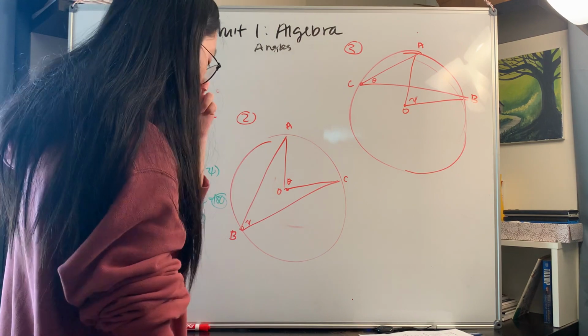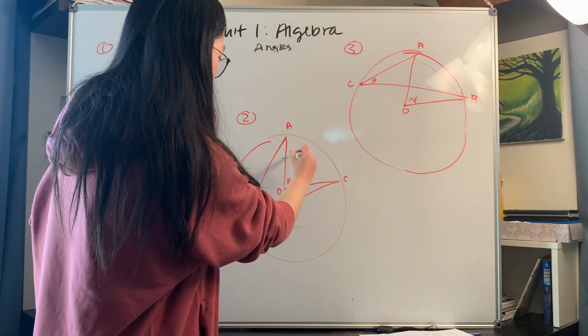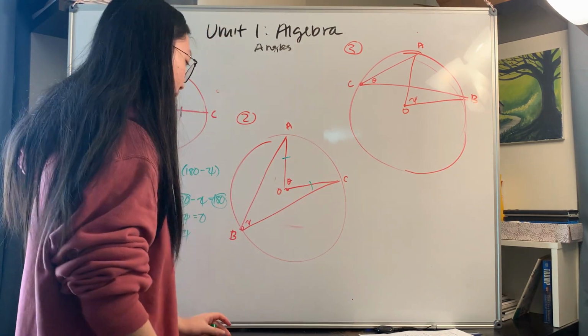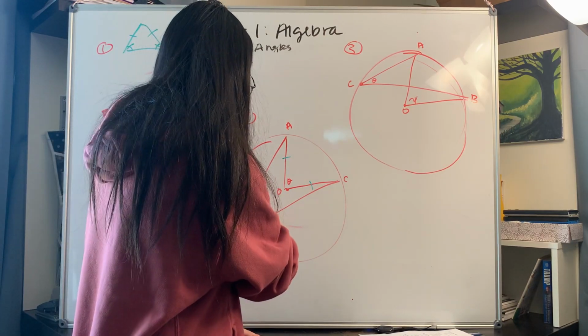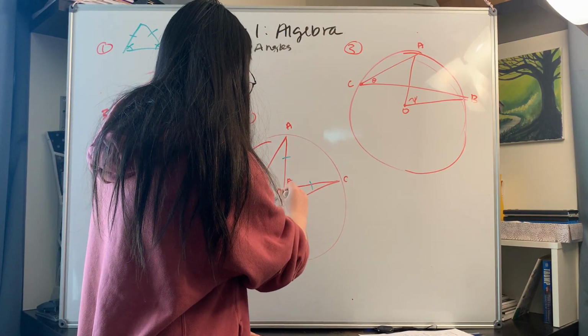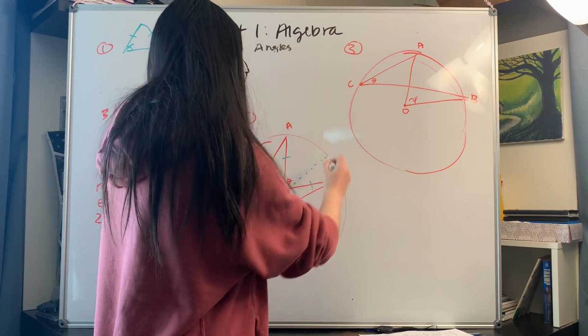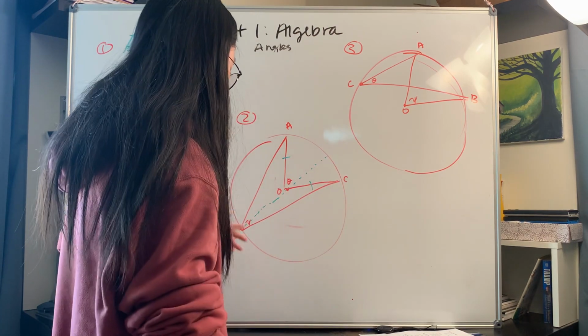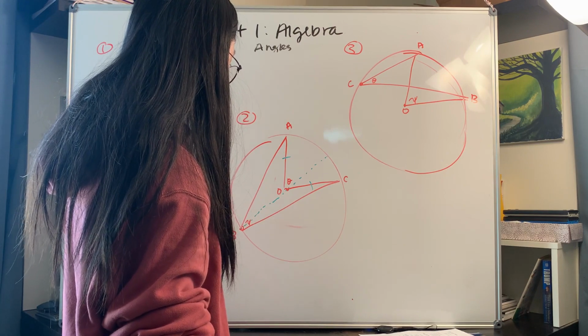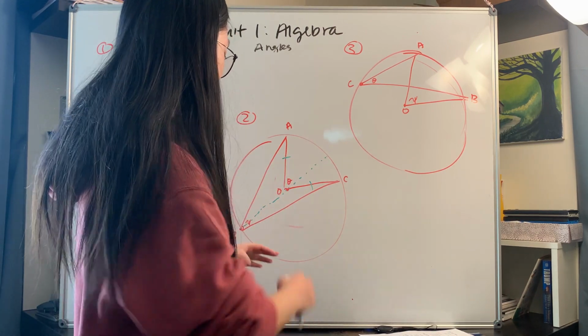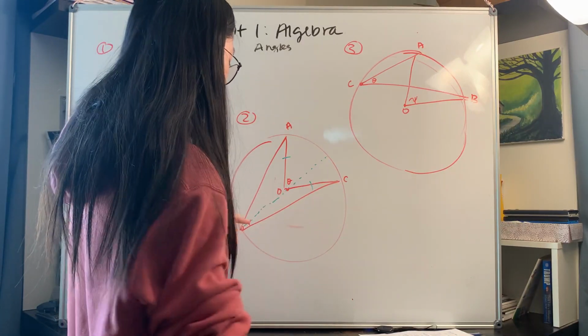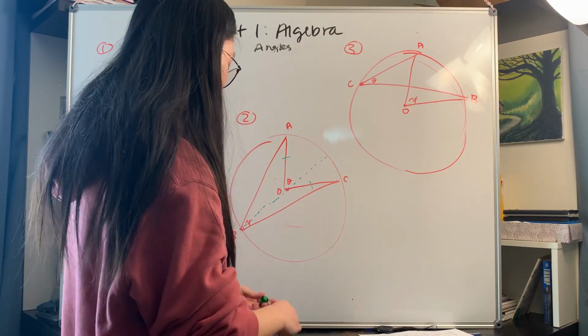In problem 2, we're going to mark the radii again. So we have these two lines that are congruent, and what we're actually going to do is draw a diameter, or a chord. We're going to draw a diameter from B through theta all the way to the other side. So we split psi and theta in half.